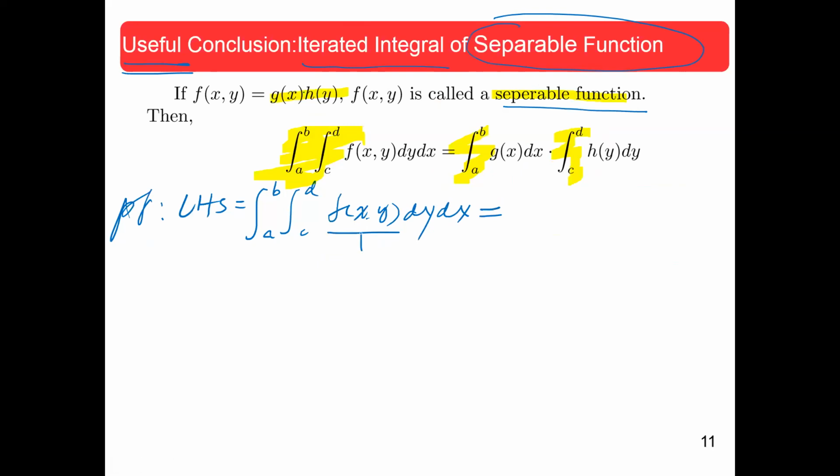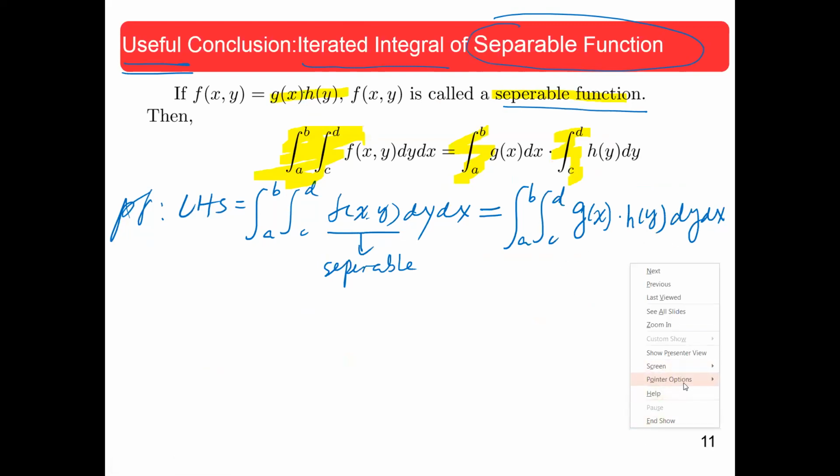And here, function f of x, y is separable. If it is separable, we know f of x, y can be written as a function of x, which is g of x, times a function of y only, which is h of y. Good so far? Okay. So it turns into this double integral form.